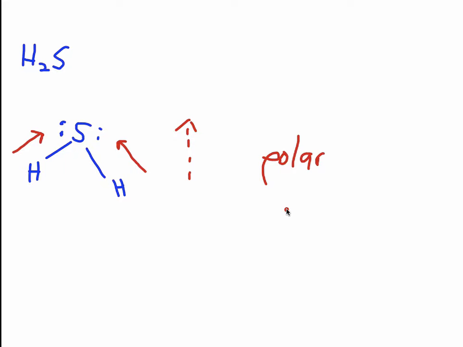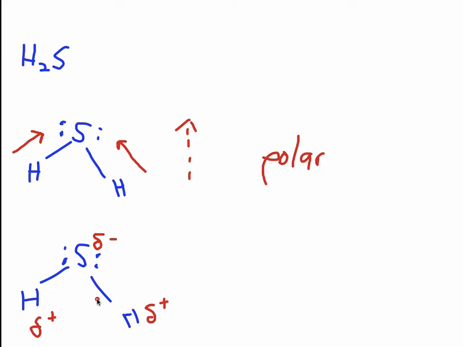And if it's a polar molecule, it will be left with charges. So let's go ahead and redraw this. Since it's a covalent compound, we will have a partially negative charge here, and we will have a partially positive charge here. And that's because the electrons in this bond are closer to that S.